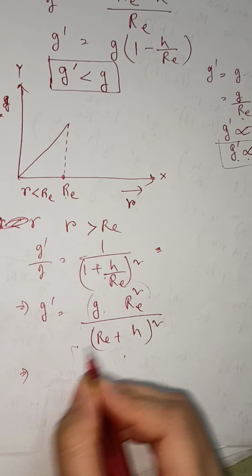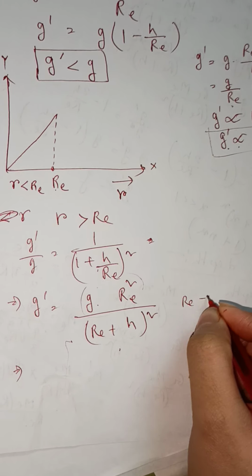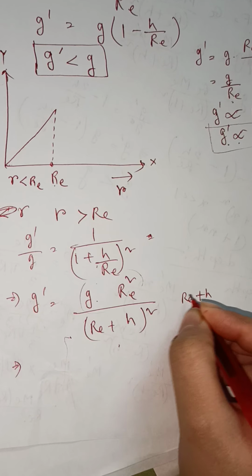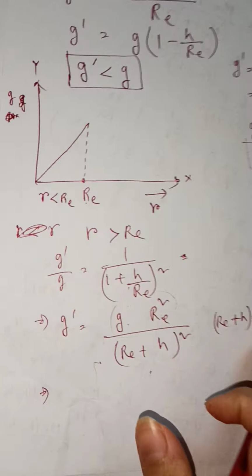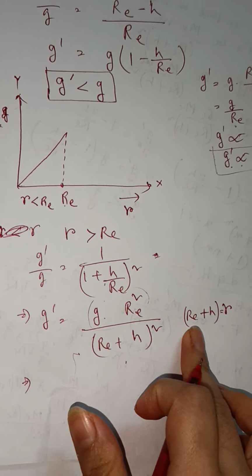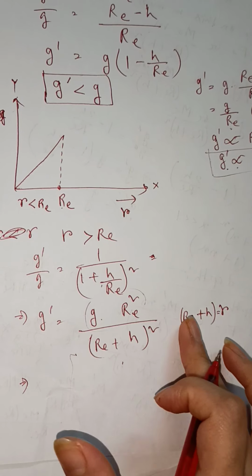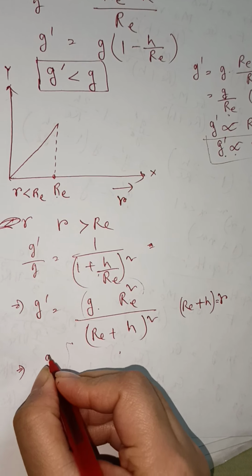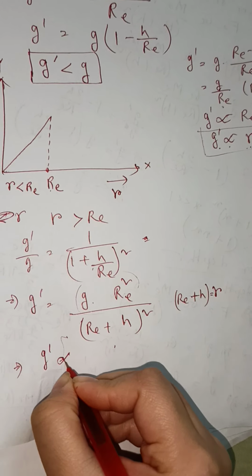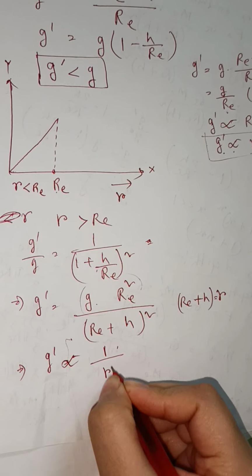If we assume that RE plus h equals r, and here r is greater than RE, which is the condition, then g dashed is inversely proportional to r square.